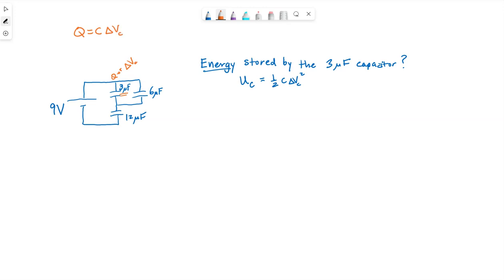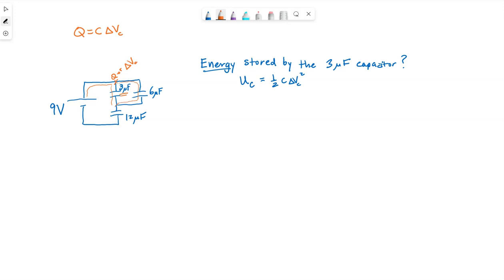All right, so to determine series and parallel, I follow my path. If I leave my battery, I immediately have a choice. I can either pass through the 3 microfarad capacitor or I can pass through the 6.